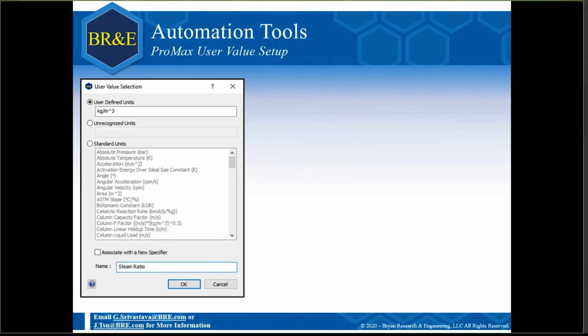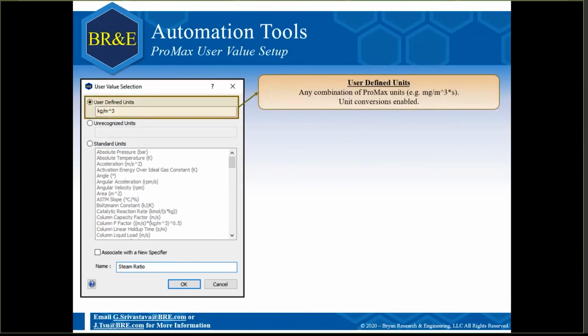It's very important that you have the units of whatever number you're looking at. The most flexible way of inputting your units is through the user-defined unit set. It allows you any combination of ProMax units and any number. You can make 500 times kg per 200 times meter cube times second, for example.